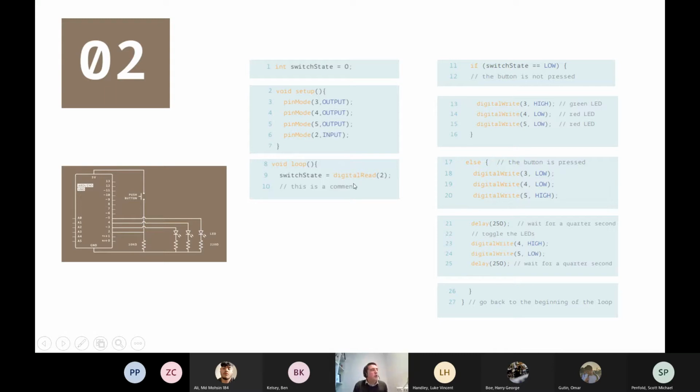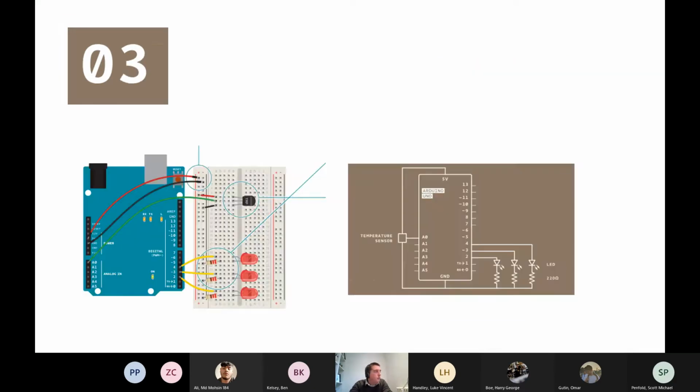Delay again, and then it would go back and keep looping through from line 8 to line 27 over and over and over again. And that's roughly how programs work. We have some commands, we have things like the if and else statements, and we tell our sensors and actuators what to do. Okay, let's move on.